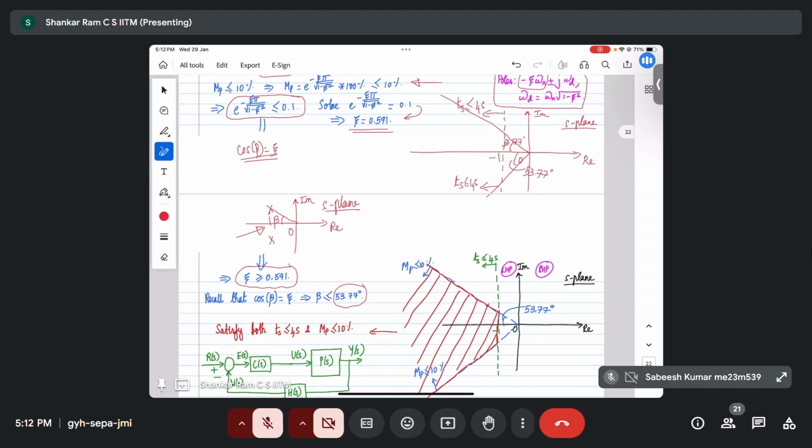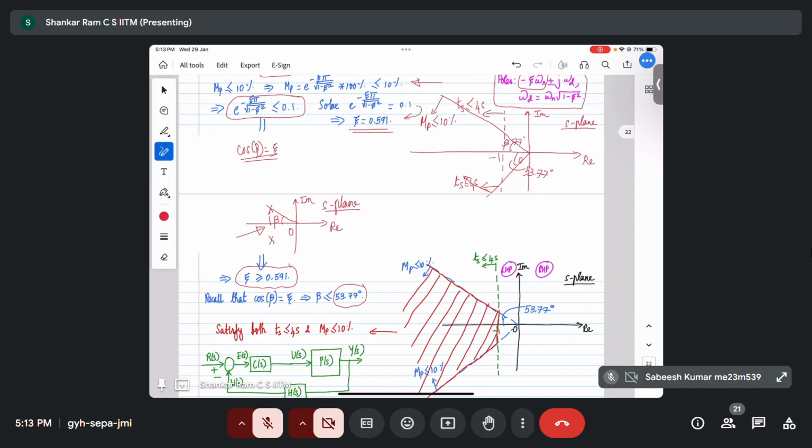What this means physically is that if all our closed loop poles are in this cone whose apex is at the origin, then our peak overshoot is going to be less than or equal to 10%. I hope the physical meaning or implication is clear.